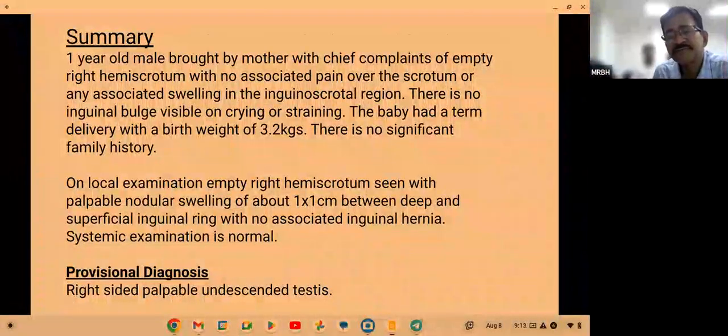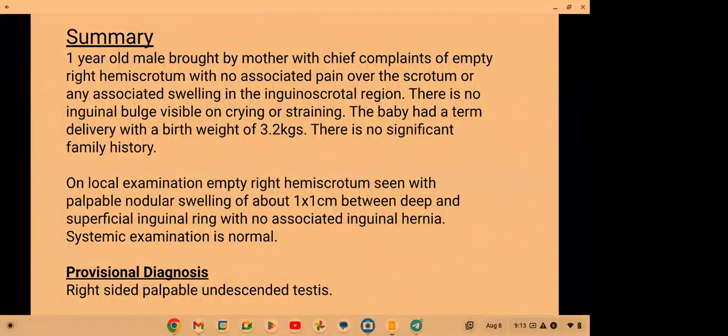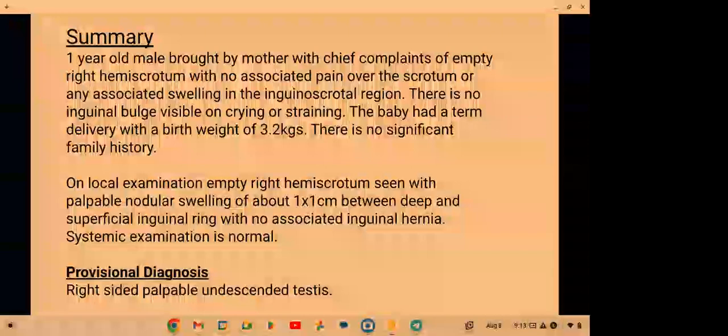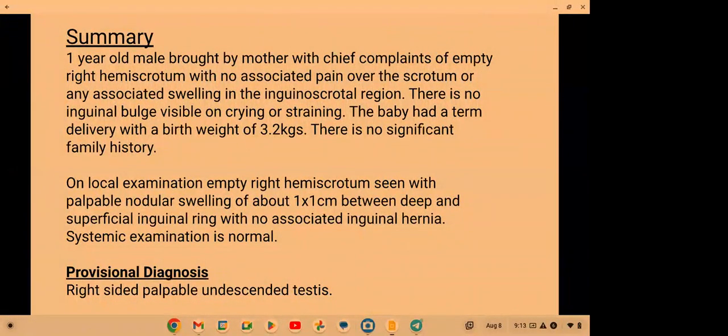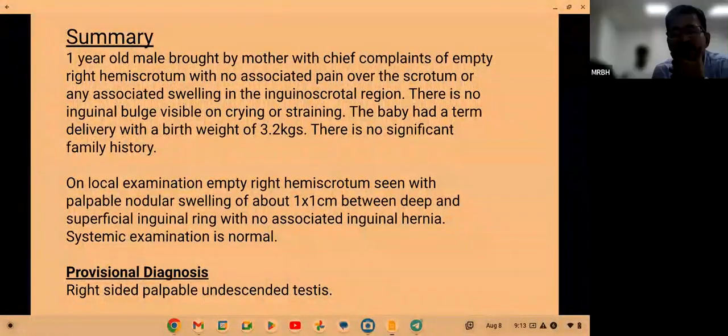First, sir, there are phases of development. There are three phases of descent: transabdominal, transinguinal, and extracanalicular descent. First, we have the hypothalamic pituitary gonadal axis, and from here the androgens are involved in the descent of the testis, along with anti-Mullerian hormone.